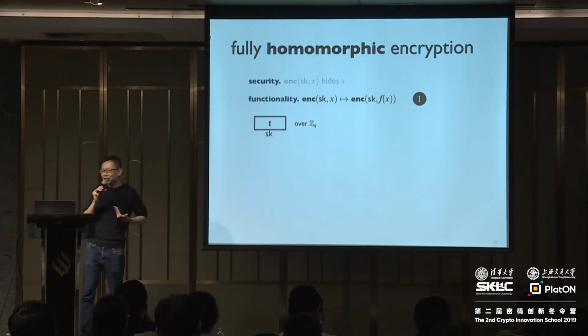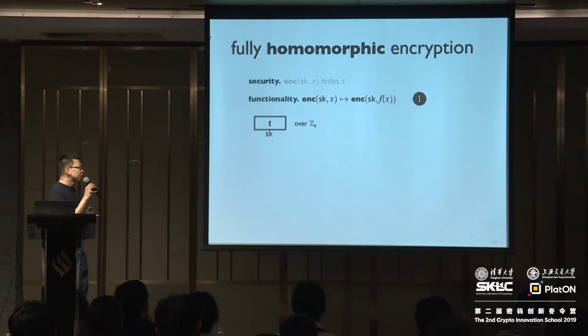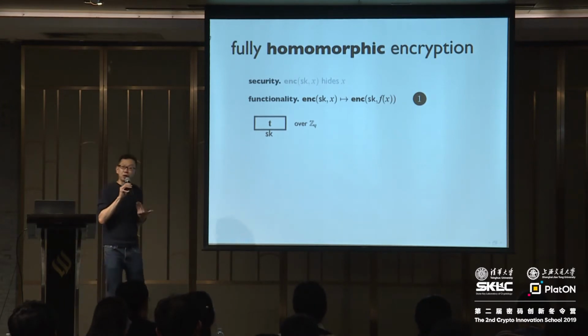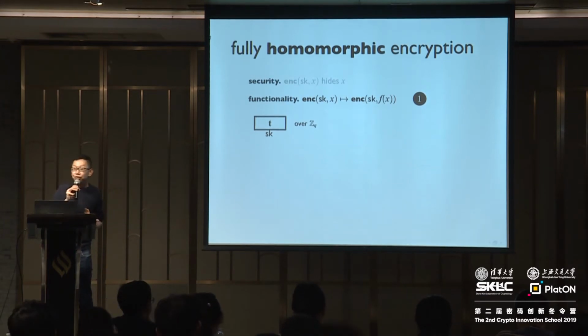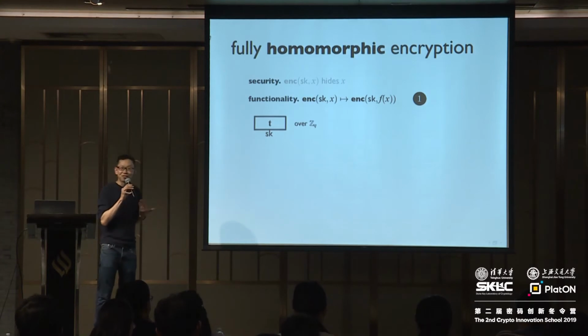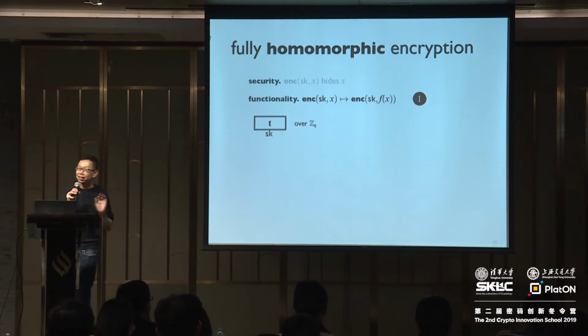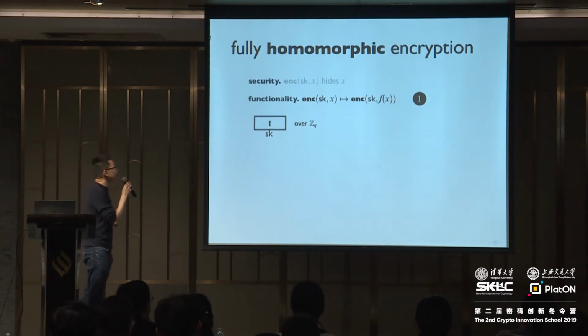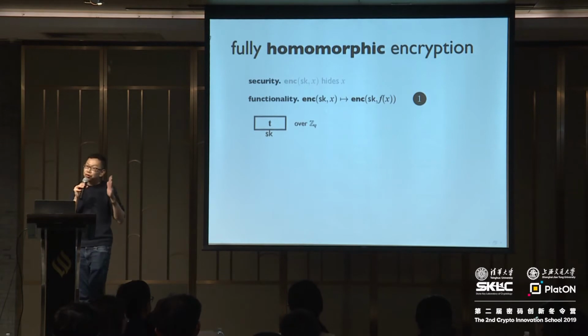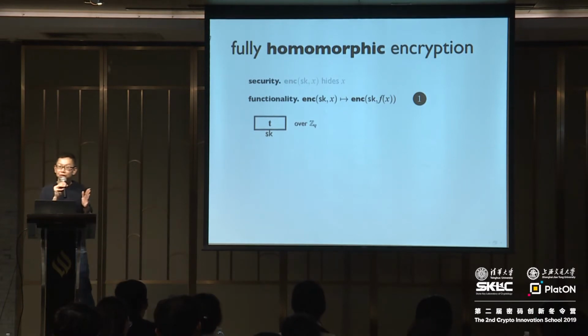In general, I'm going to try to avoid talking about dimensions of vectors and matrices, and rather draw pictures with rectangles. So this is a row vector, something very wide. This is your secret key t. Think of t as a uniformly random row vector over Z_Q, which means that each of the entries is independently random over Z_Q. In general, think of Q as being a large value.